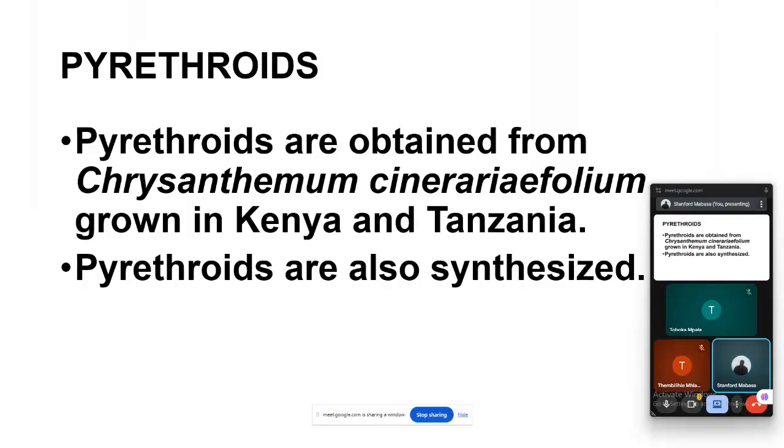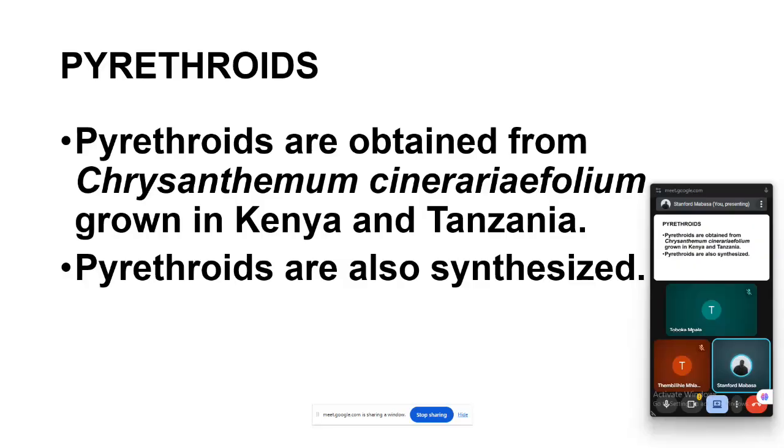Now, we have a group called the pyrethroids, which are obtained from chrysanthemum, Chrysanthemum cinerariifolium, or you can just say chrysanthemum species, quite different names. These are actually grown in Kenya and Tanzania.